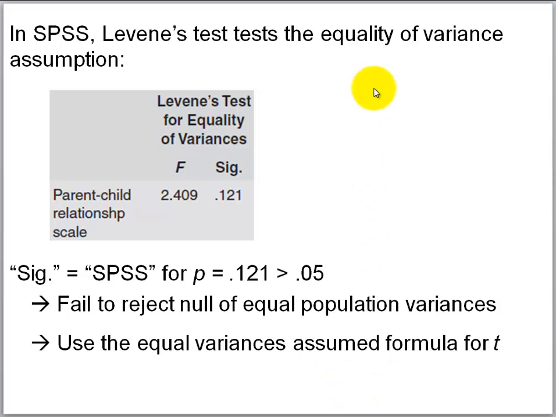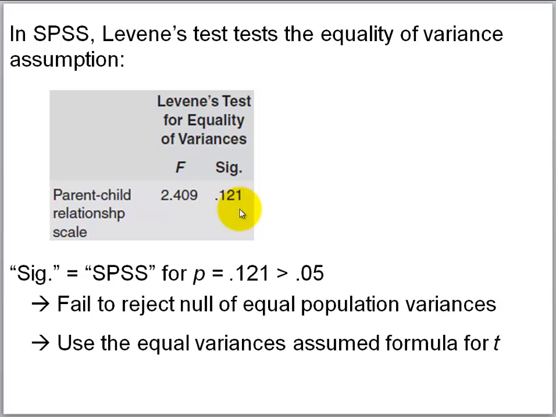So here is some information that SPSS has presented for us pertaining to the equality of variances assumption. It carries out something called Levene's test, and we don't need to go over the specifics for that, but here is the result for Levene's test, and importantly, significance.